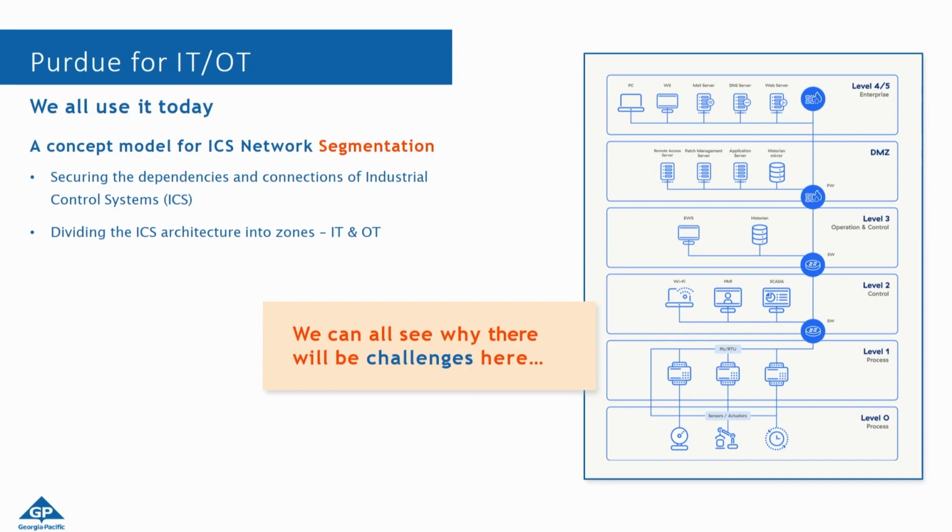So touching base on the Purdue model, we're all very familiar. This is a nice diagram to show some of the segmentation. We actually use the DMZ to segment our two different networks for process and business. We use a Fortinet firewall, and through the firewall, we're able to create certain policies to allow the common communications that are needed just to get the data.